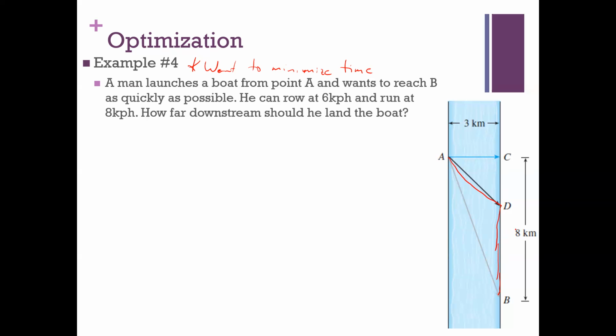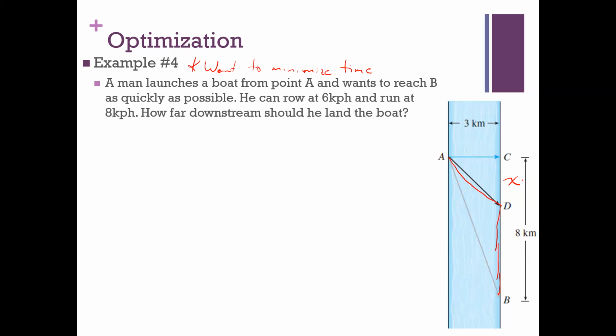Variables. So what's the variable we actually have control over? Let's call this variable right here X. If we have control over that, we have control over everything, right?